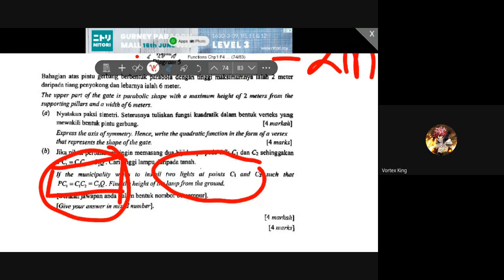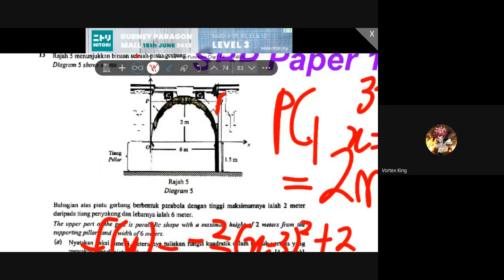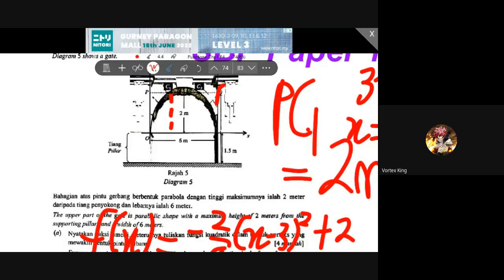Soalan ni buat simbol-simbol macam ni agak confusing untuk semua, I know. Okay, never mind. So just now you have the curve equation. Ini persamaan lengkung kamu. Ini jawapan kamu bagi A. This is your A answer. Plus 2. Okay, so sekarang kalau kamu lihat balik this curve over here. This is 2. This is 4.